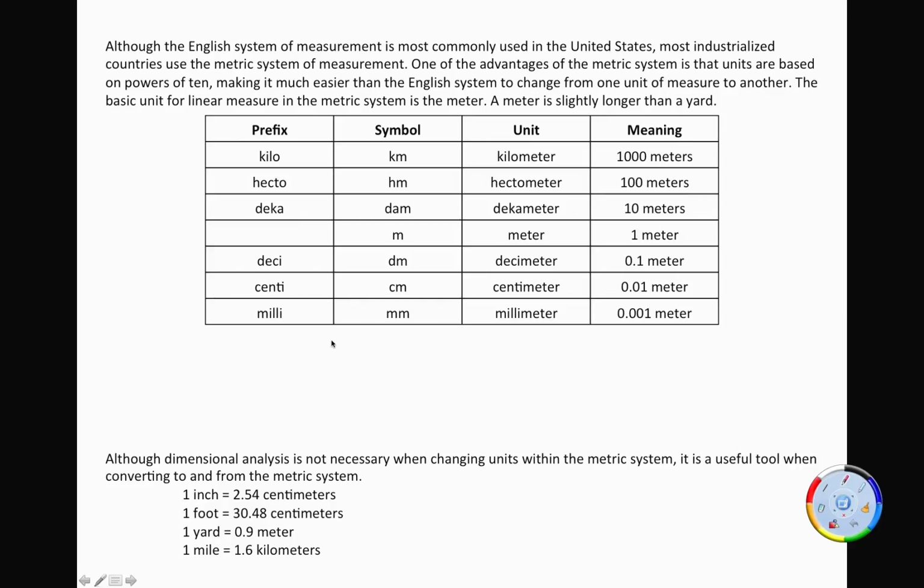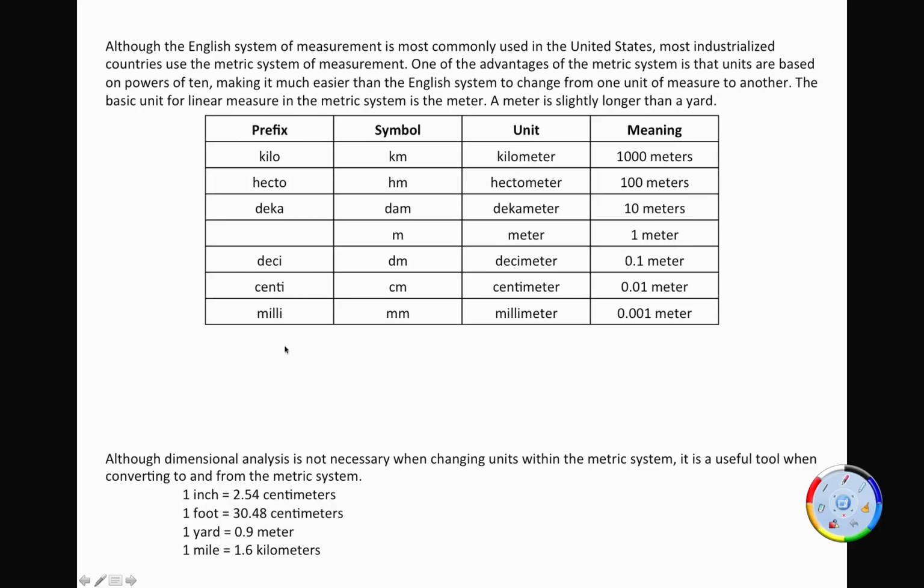In the metric system, the kilometer is pronounced kilometer. Okay, I know a lot of us say it differently, and I was guilty of that for a long time until I learned more about it. And it's used to measure distances comparable to those measured in the English system. So a kilometer's conversion is that it's about 0.6 miles.